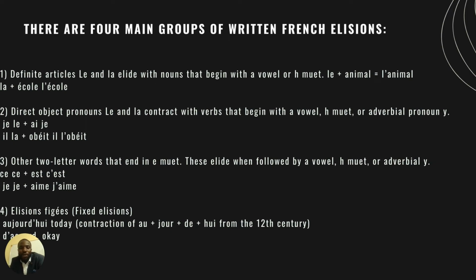So we substitute the first vowel with an apostrophe and it changes to l'animal. So this is what we call elision, where we substitute the first vowel with an apostrophe. Then la école. There are also two vowels that are what? Contracting. Then it changes to l'école. The A is then substituted by an apostrophe. That's the process we call elision.